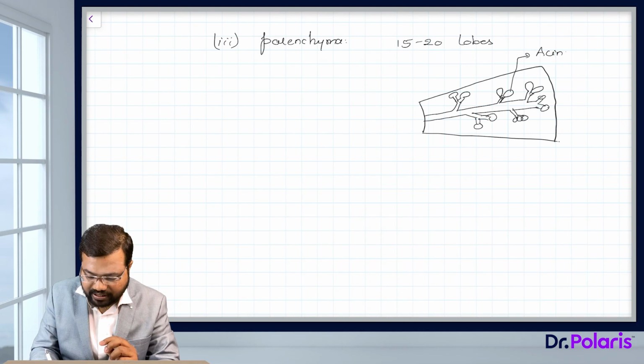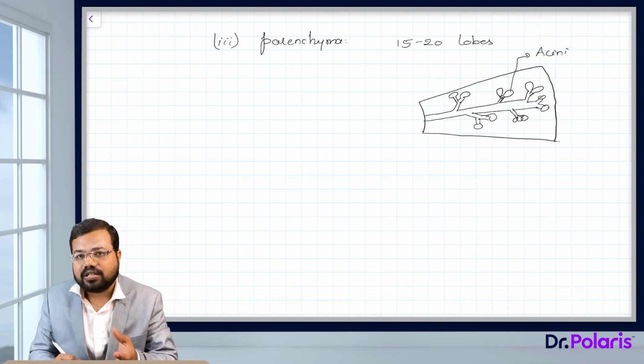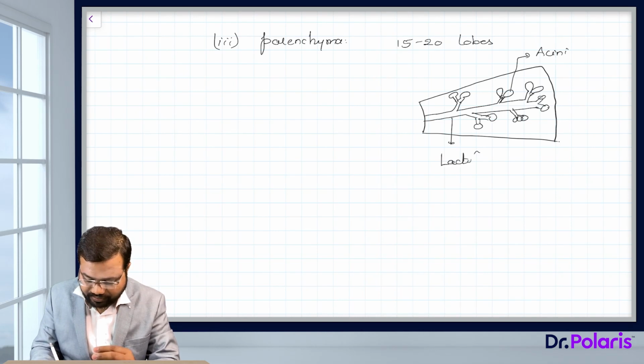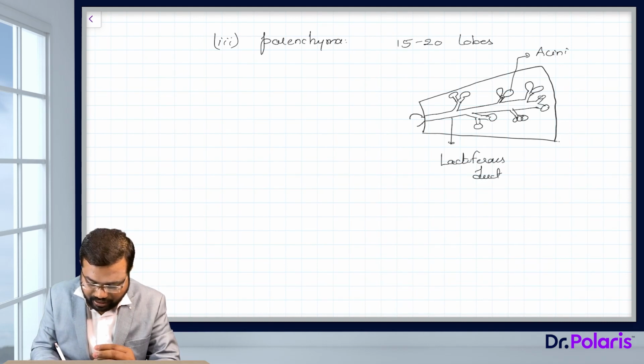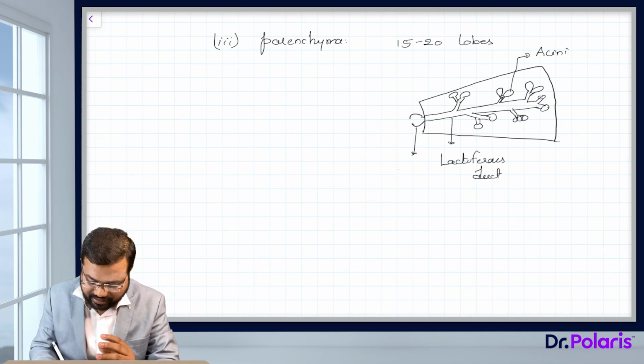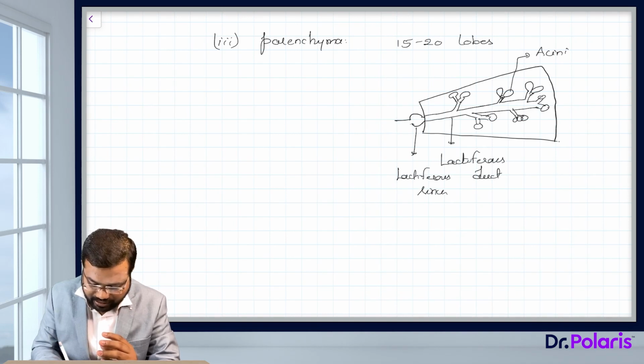Singular is acinus. And these are the secretory portions. These secretory portions will be collected by this lactiferous duct. And this lactiferous duct will ultimately drain into a dilation called the lactiferous sinus. And this sinus opens directly at the level of the nipple.